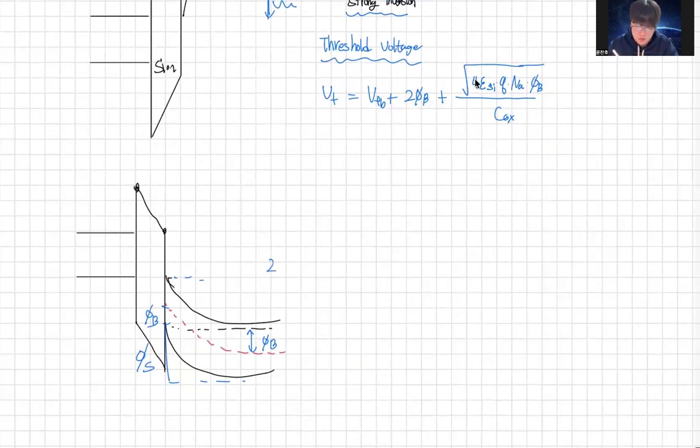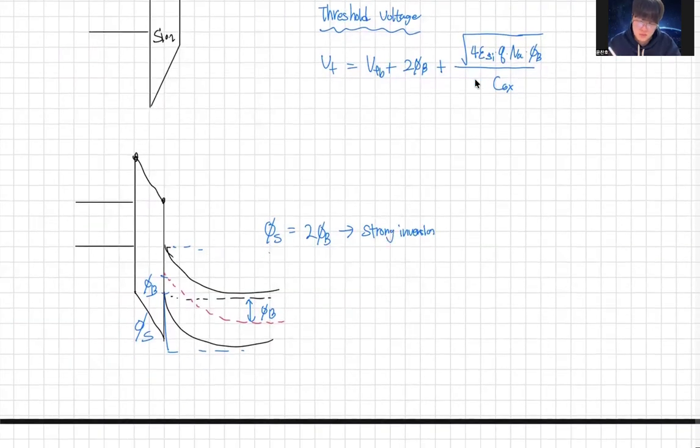If phi s is 2 phi b, we call this phenomenon the strong inversion situation, and the voltage that makes the strong inversion is the threshold voltage.